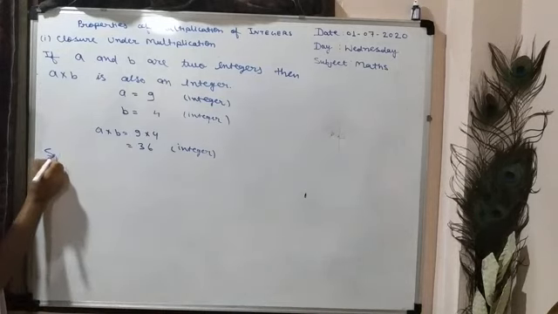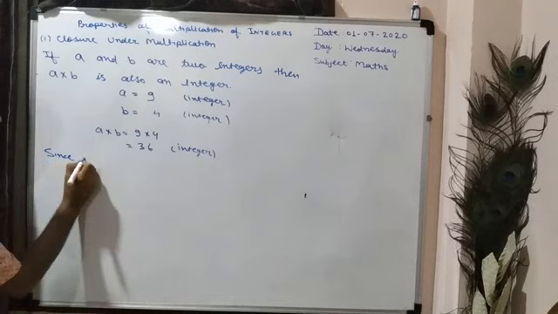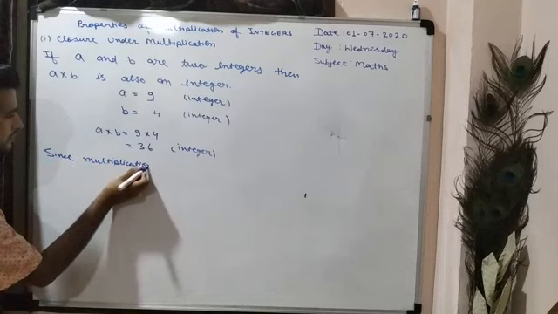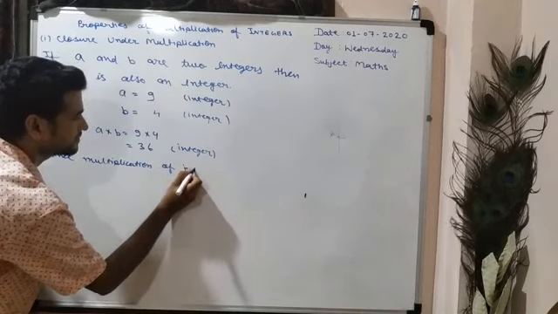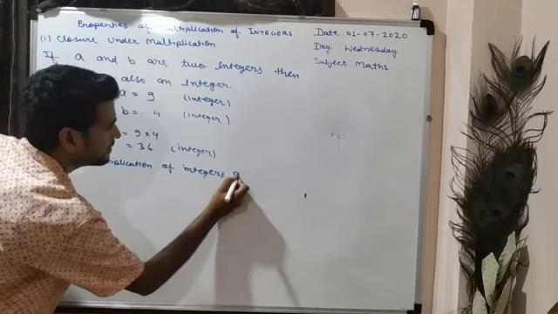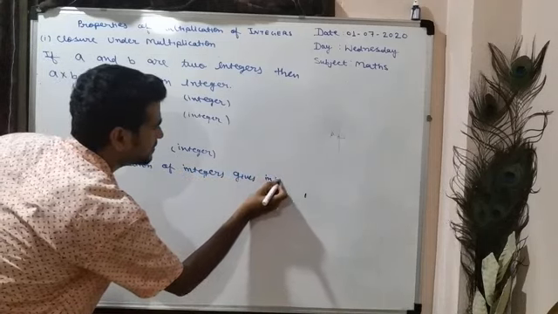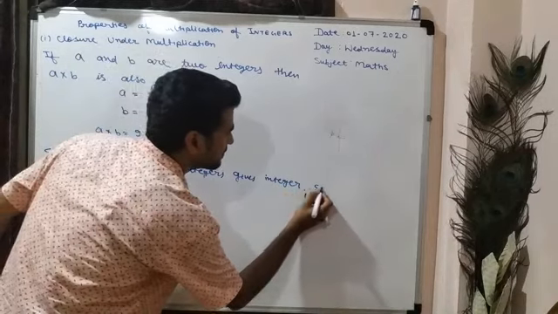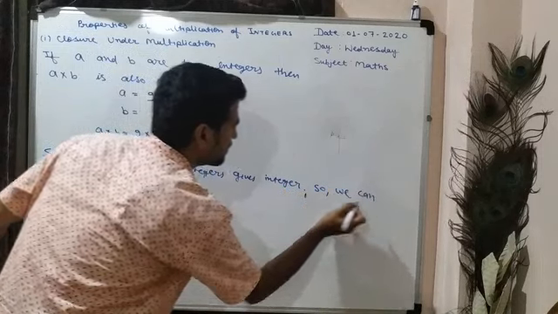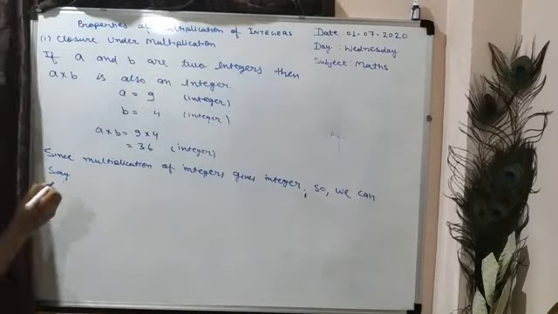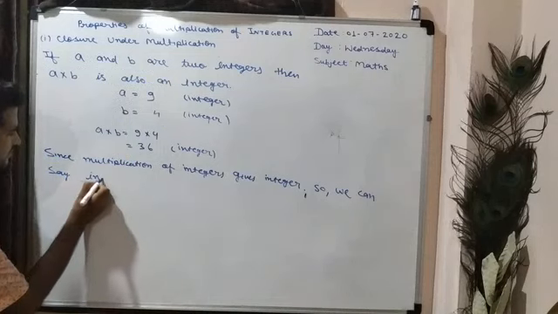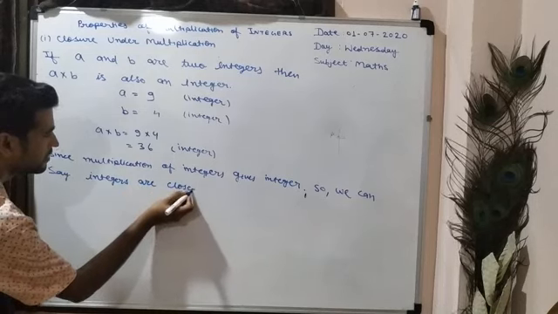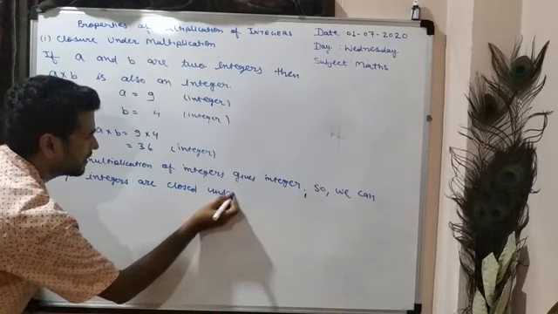So we can say integers are closed under multiplication. So here what we can write? Since multiplication of integers gives integer, so we can say integers are closed under multiplication.